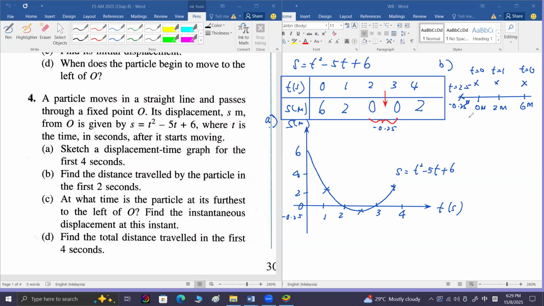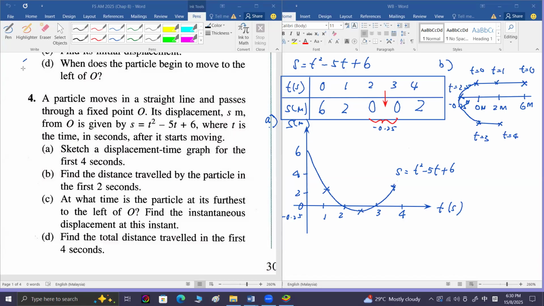Okay, next, when t is 3, it's at 0. And when t is 4, it's at 2. And then now, class, you see how I sketch. Okay, the particle moves like that, moves like that, then makes a turning, and then moves here to stop. So class, for this chapter, mostly I will use this method to show you.